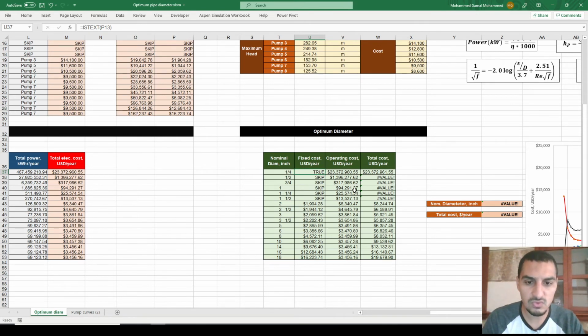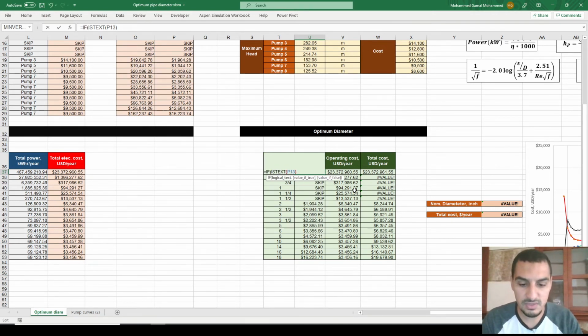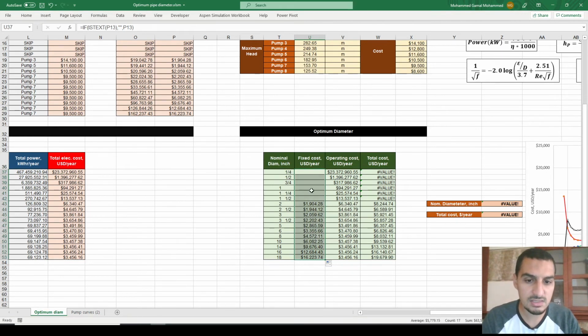It gives you true if this cell contains text, and false if it does not contain text. So I want to see if this is text, to put an empty cell, otherwise to display the value that is in it. So what I have done is simply putting an empty cell for the cells that contain text here, and putting a value for the cells that have values.